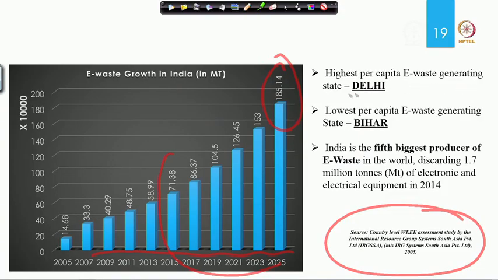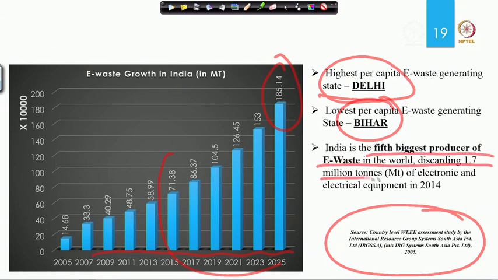The highest per capita e-waste generation state is Delhi, based on the projections. Lowest per capita will continue to be Bihar. India will become the 5th biggest producer of e-waste, discarding 1.7 million ton of electronic equipment in 2014. We are the 5th biggest producers of electronic waste, and we also import a lot of electronic waste from other countries. That's another problem we have, which we'll talk about later in this course.